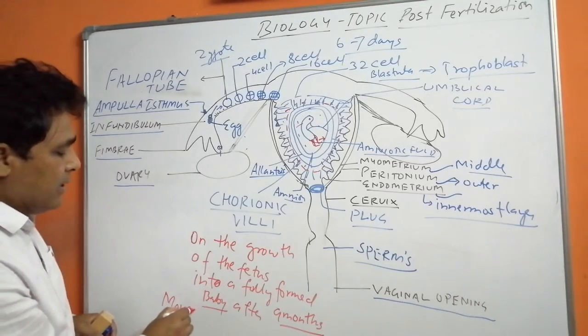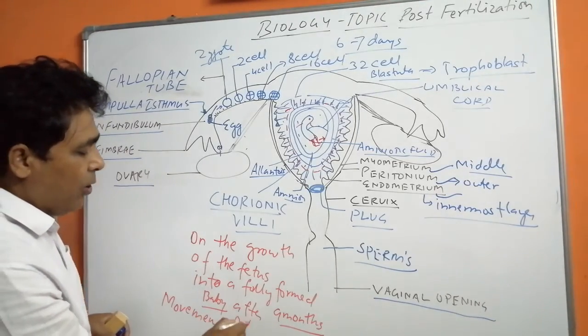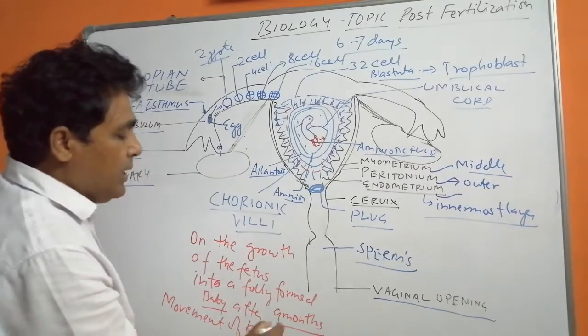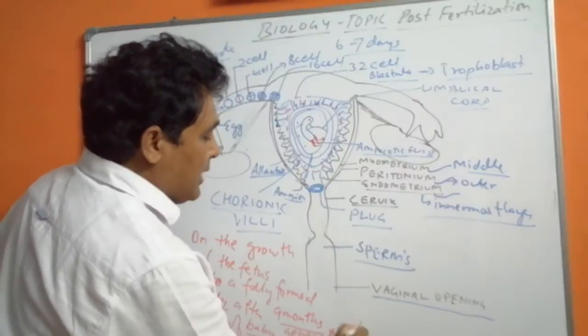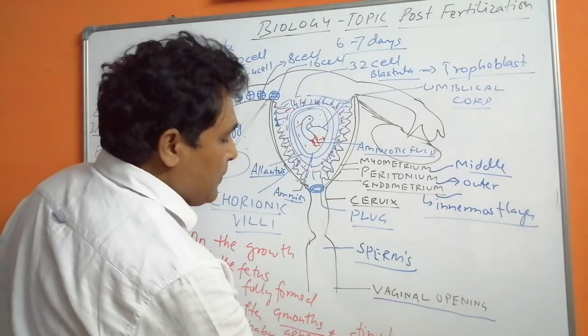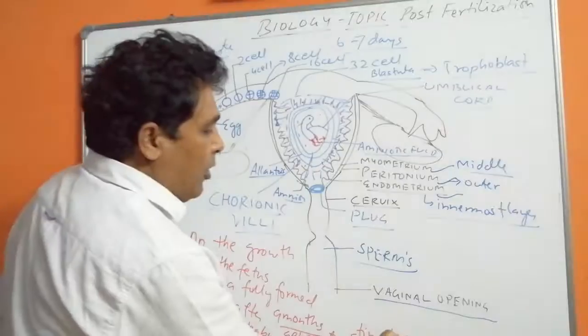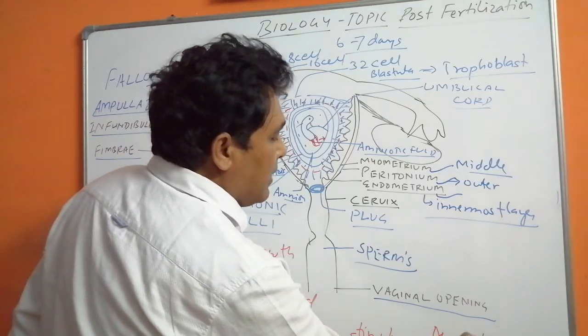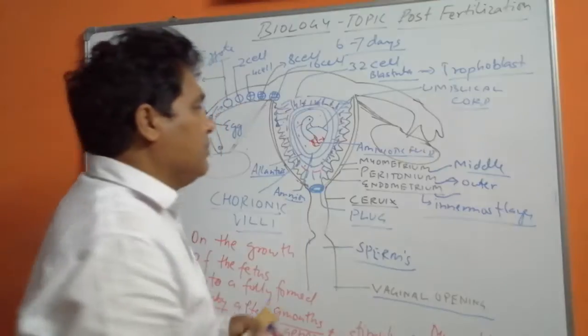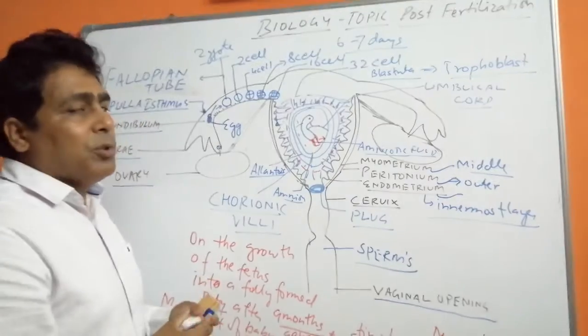Movement of the baby generates a stimulus on the myometrium, and this stimulus goes to the brain.